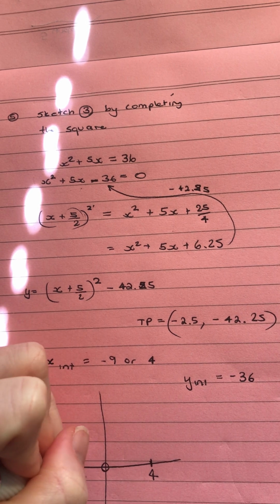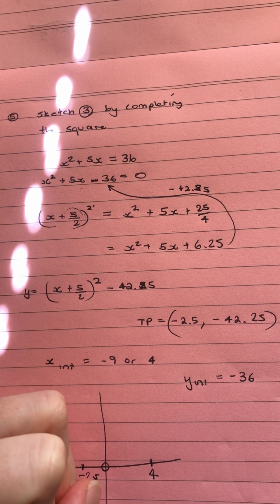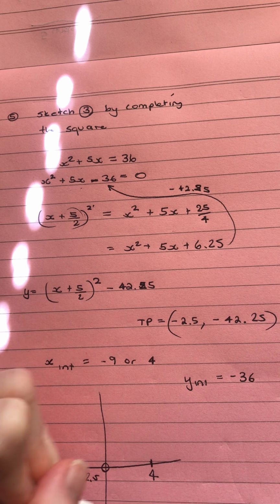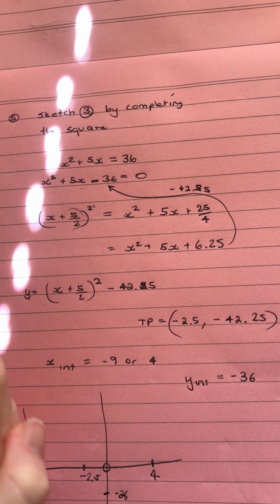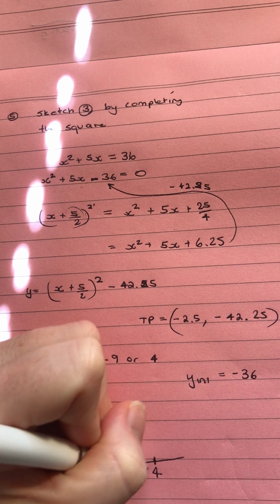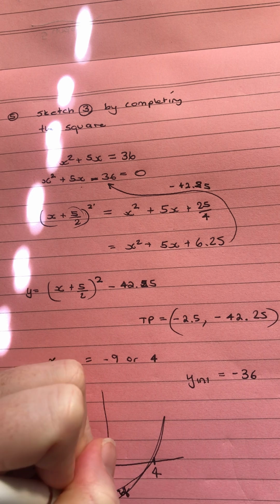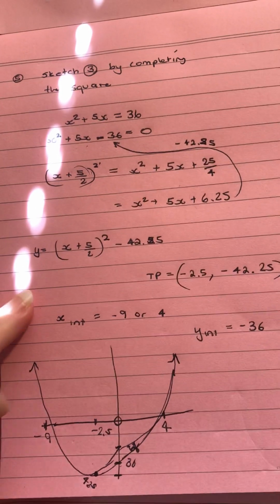And we've got that negative 2.5 in the middle there. We know that's going down to 42.25 there. It's going to be crossing here at negative 36. I'll make that at 36 is probably a bit closer there. And we have our very, very rough sketch.